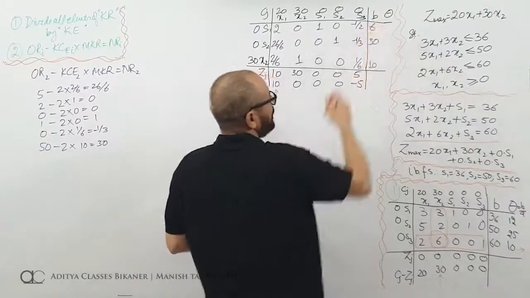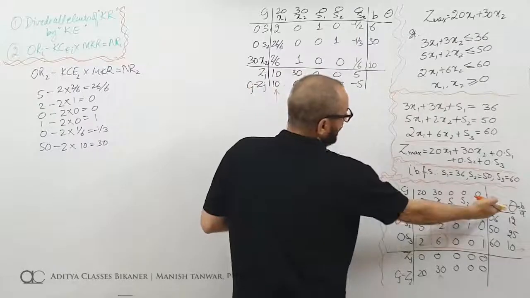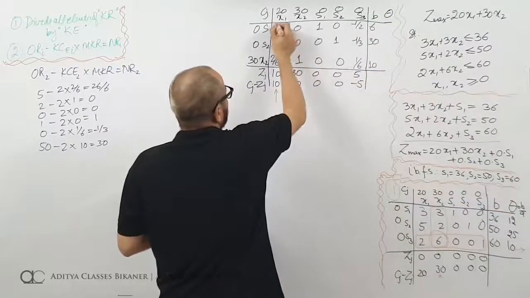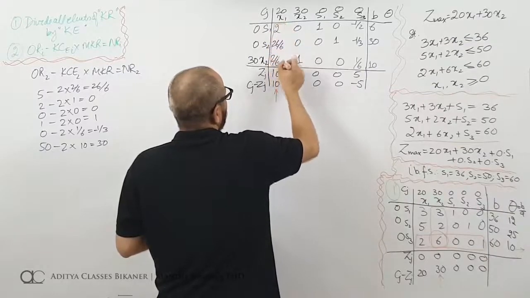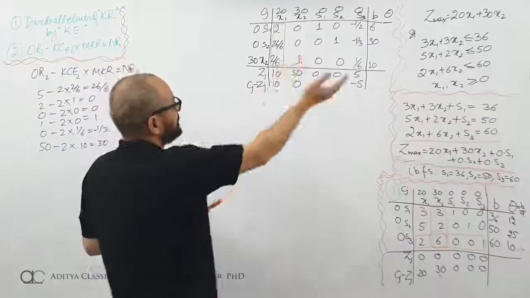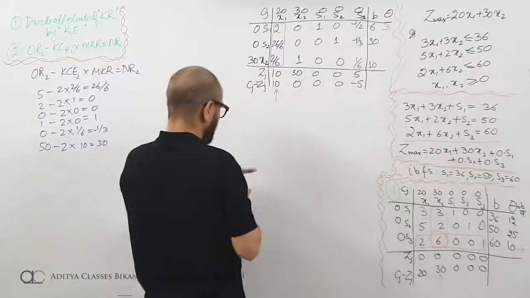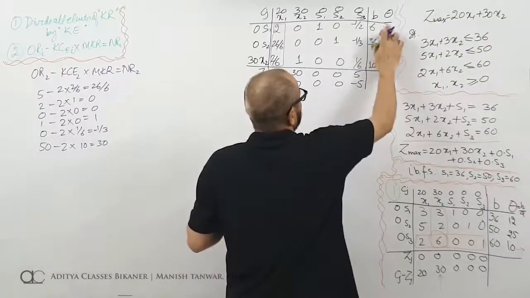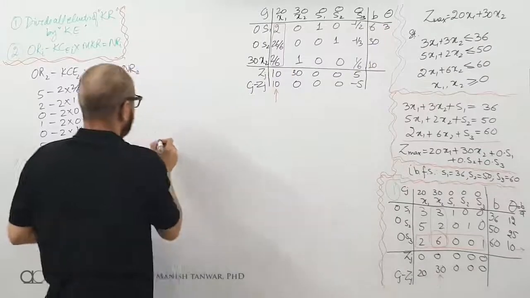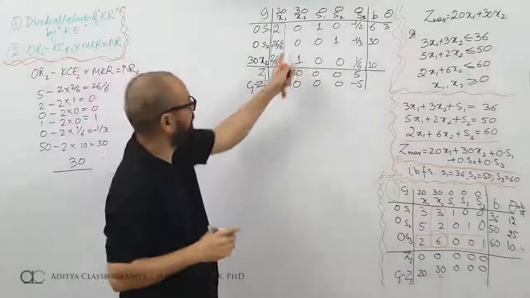How do I decide upon the outgoing variable? Theta. Theta is B by A. So B divided by A. 6 divided by 2. Sorry, we should use this one. 6 divided by 2 would be 3. 30 divided by 26 by 6.